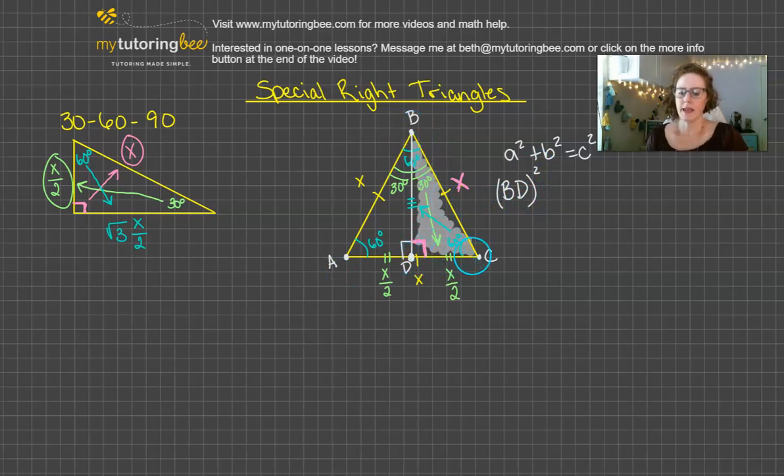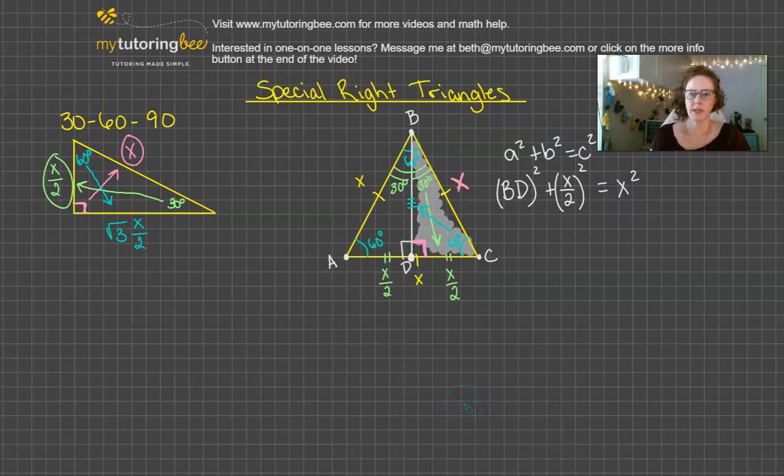And then our other leg of the triangle, the other side that creates that 90-degree angle, which we already know has a length of x over 2. So we're going to add x over 2 squared. And then that equals our hypotenuse, c squared, which we already know is labeled x. So we're going to plug that in as x squared.